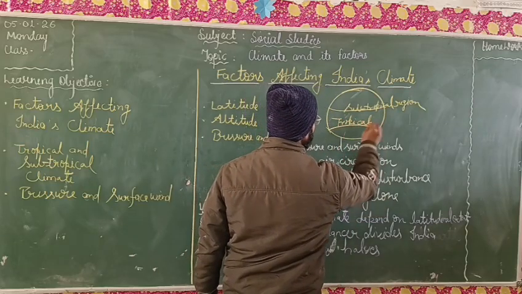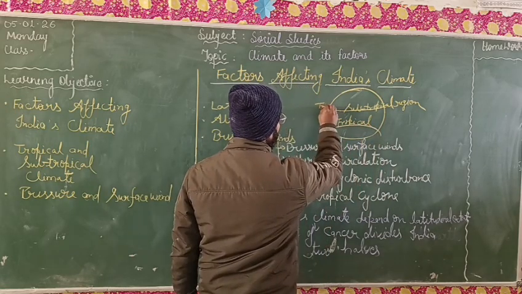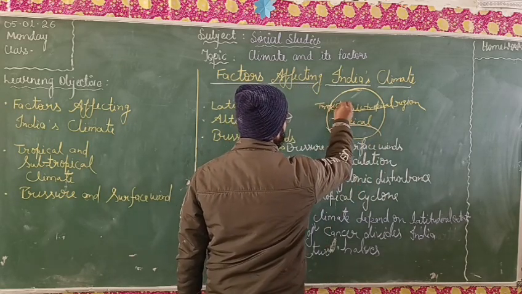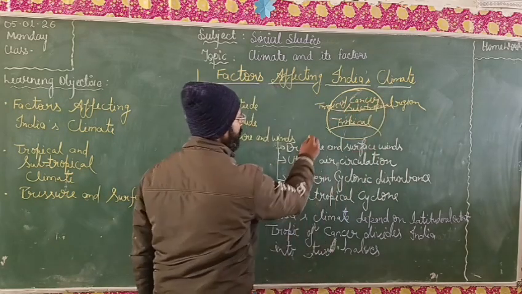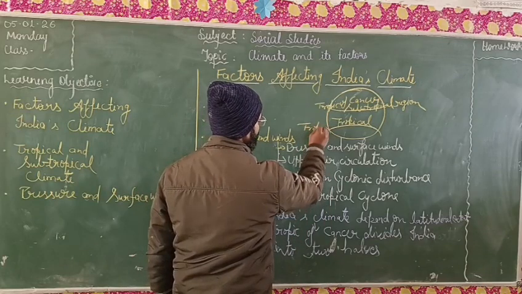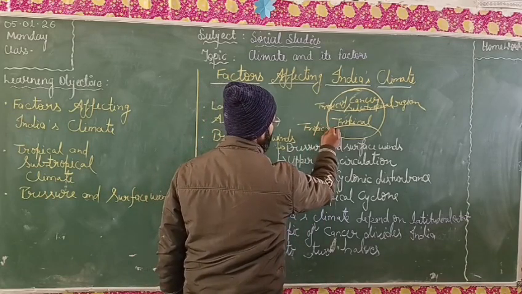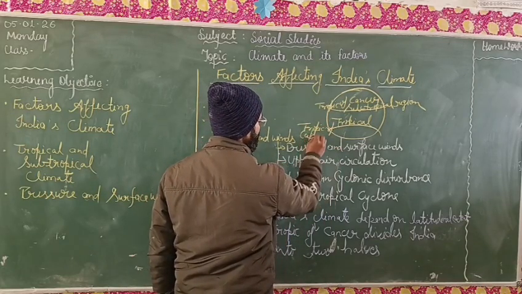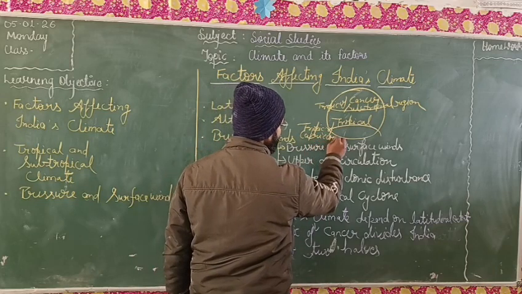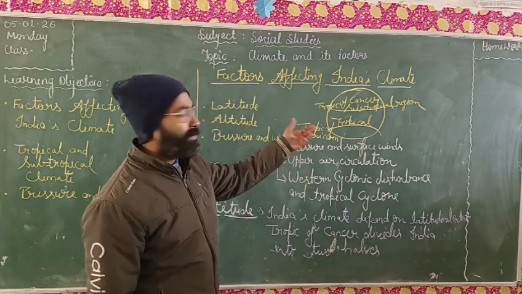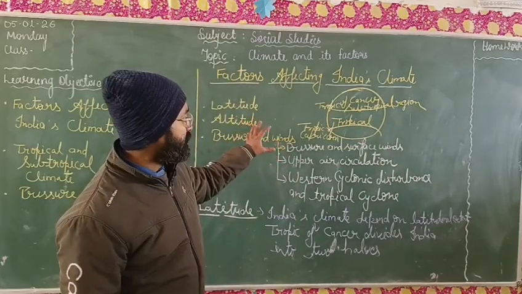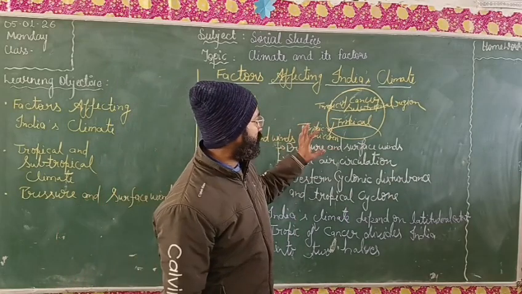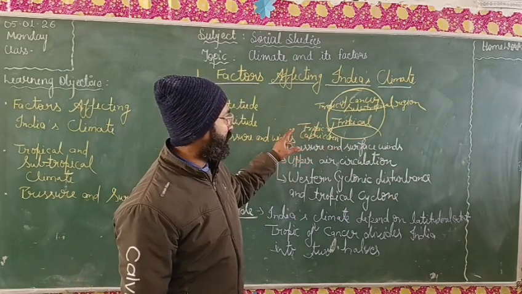The region from the Tropic of Cancer to the Tropic of Capricorn includes the tropical type of climate.